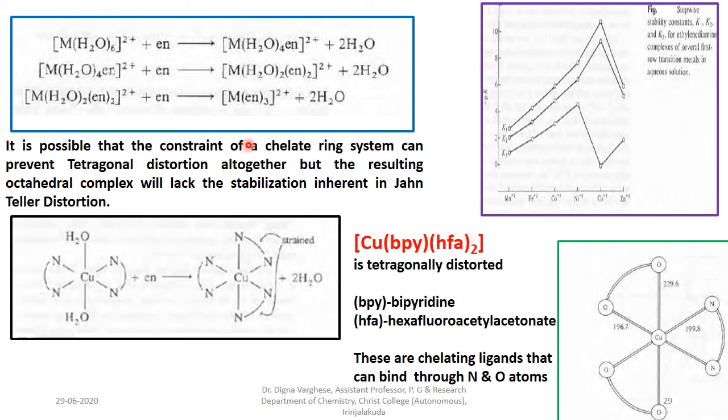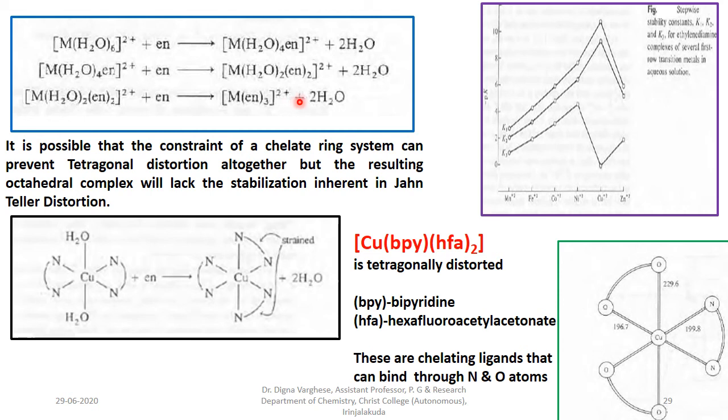In each step, there is an associated equilibrium or stability constant K1, K2, K3, which measures the tendency for the formation of the mono, bis, and tris ethylenediamine complex.